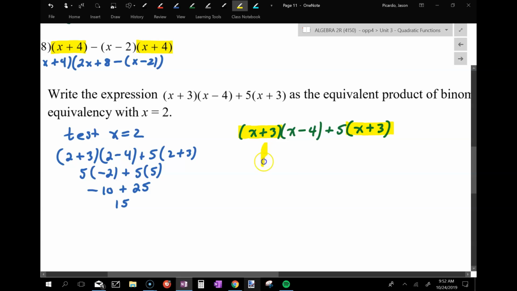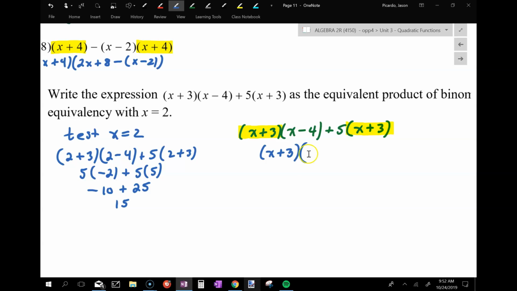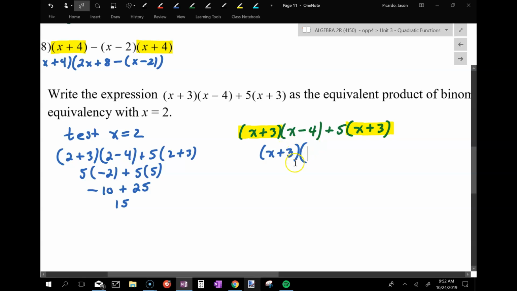All right, so I have the x plus 3. What's the stuff that's left over when I take the x plus 3 out? X minus 4 plus 5. It's the stuff that I didn't highlight, right, guys? I mean, are we getting the idea with that, right? It's the stuff that I didn't highlight. That's the leftover stuff when I get rid of those common terms.